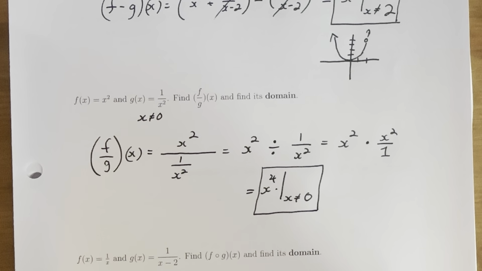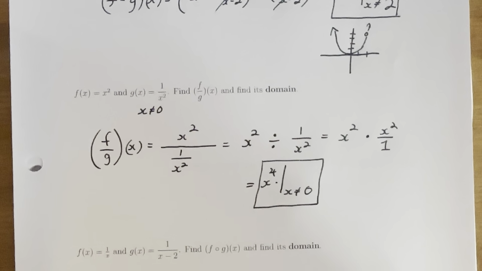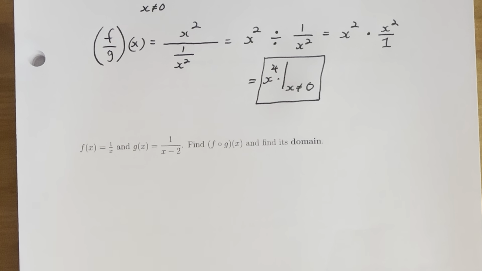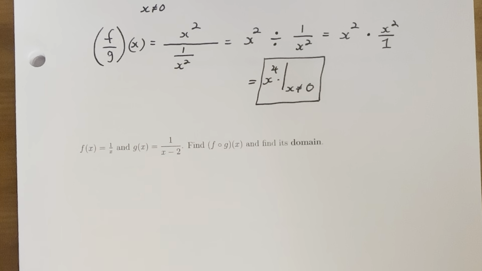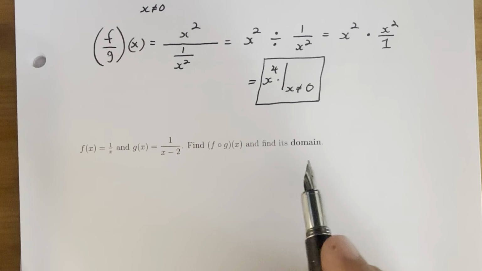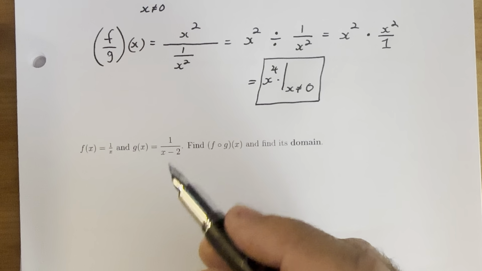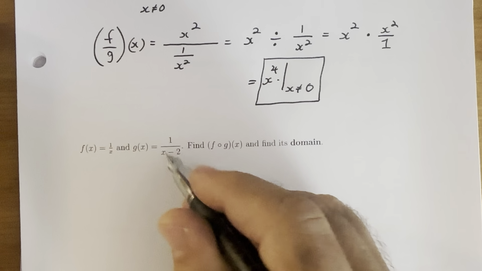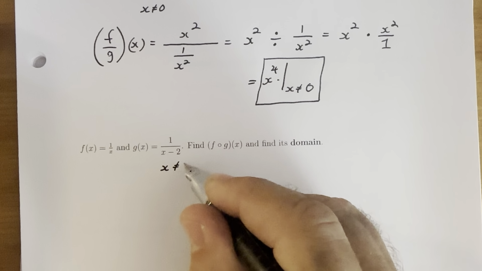Next example. Now we're doing the composite function. And so we got to bear in mind the domain restriction of g. Here, x cannot equal 2.